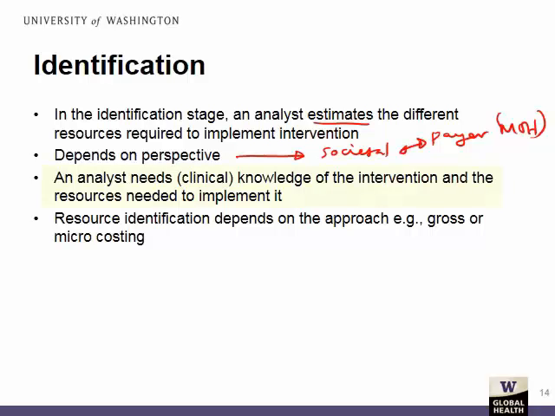The analyst needs clinical knowledge of the intervention. Usually even non-physicians can do cost-effectiveness analysis, but it would be good to collaborate with a clinician who knows the disease area well. And resource identification also depends on the approach, whether you're doing gross or micro costing.